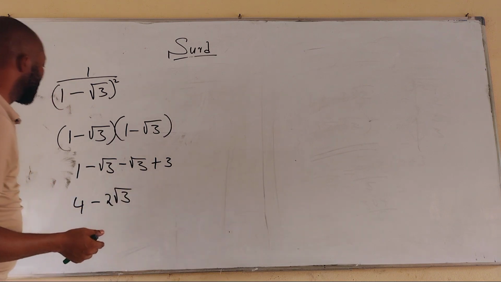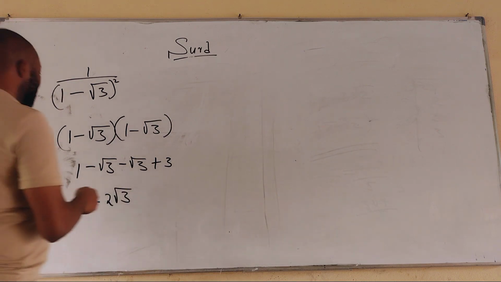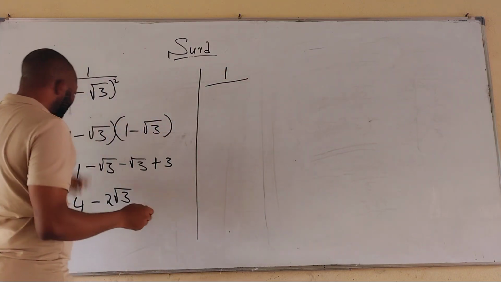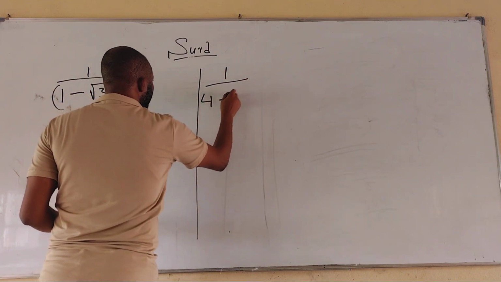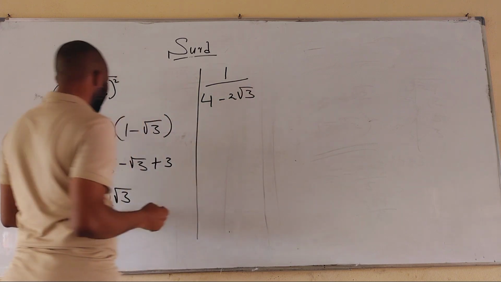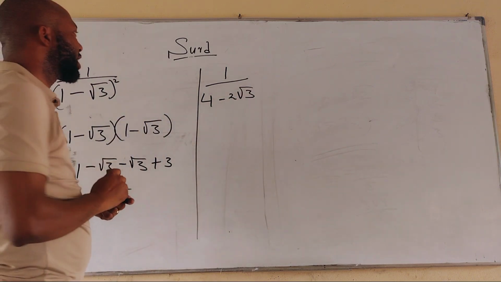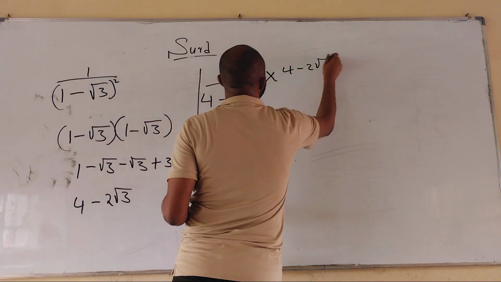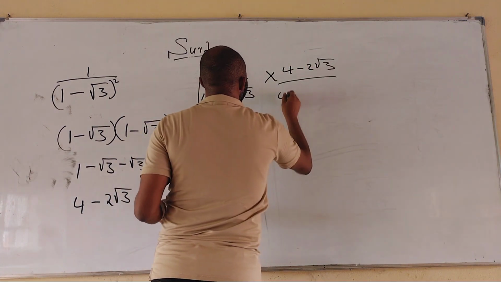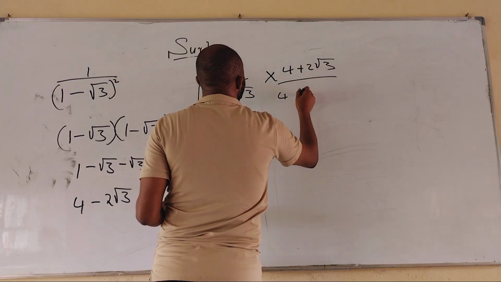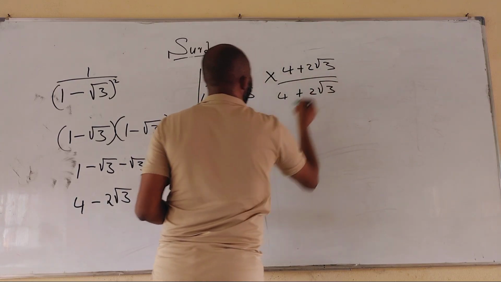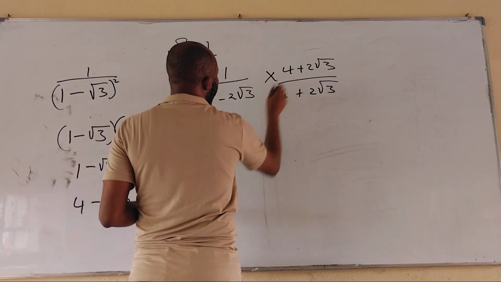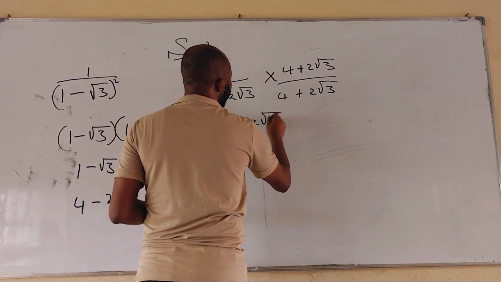So now I have to proceed. 1 over, I'm bringing it back, 4 minus 2 root 3. I have to simplify by multiplying with the conjugate, which is 4 plus 2 root 3. 1 times 4 is 4, plus 1 times 2 root 3 is the same.